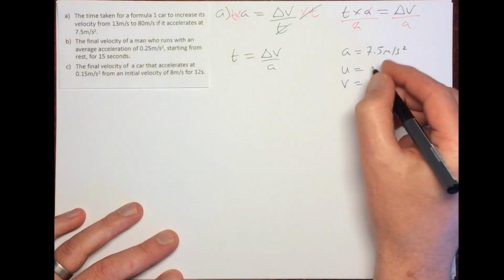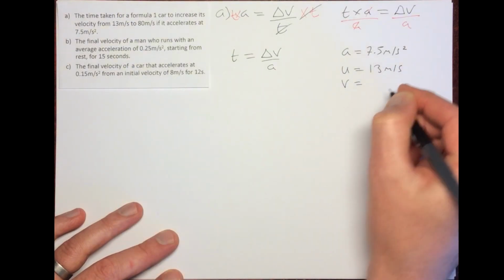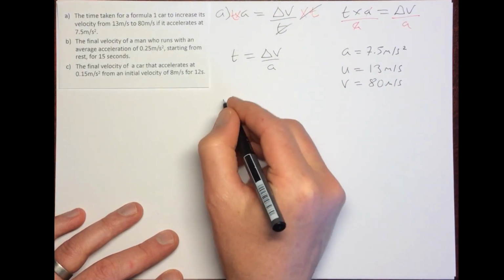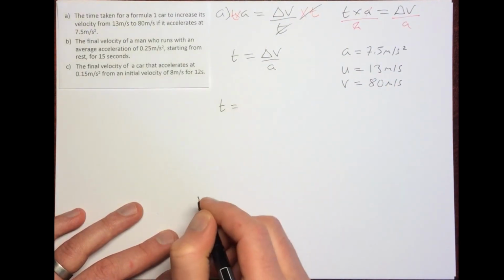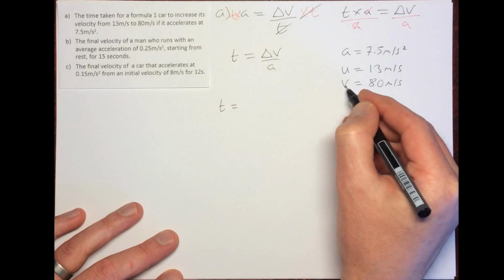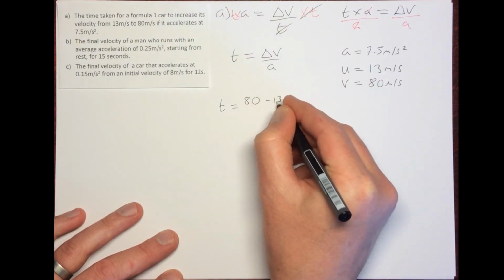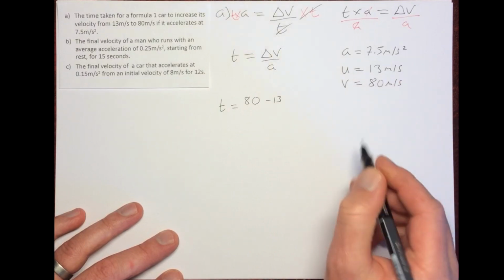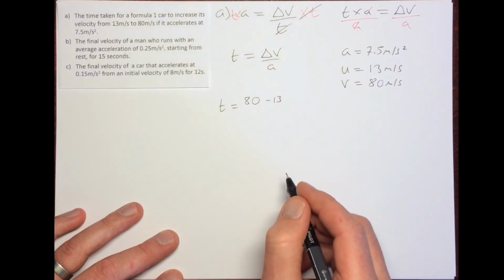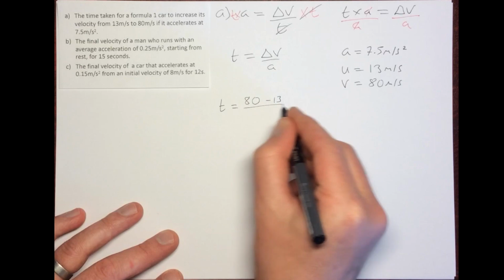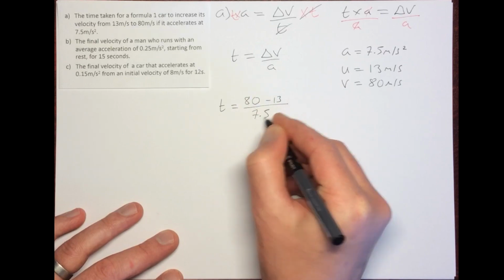The initial velocity is 13, and the final velocity is 80 meters per second. So we can start to put all these numbers into the equation. Delta v, remember, is final take away initial velocity. So it's 80 take away 13, because that's how we work out the difference between the starting velocity and the final velocity. And then we divide that by 7.5.